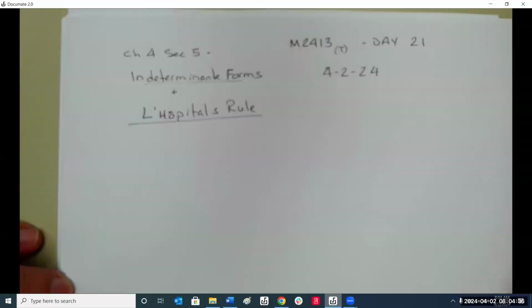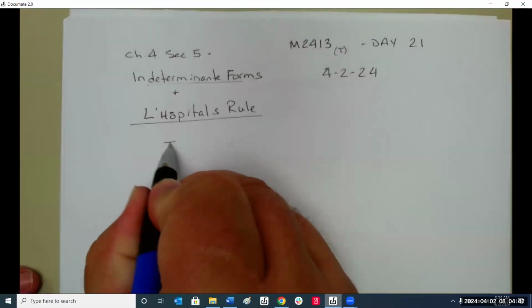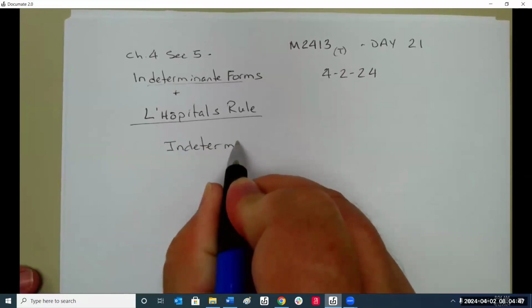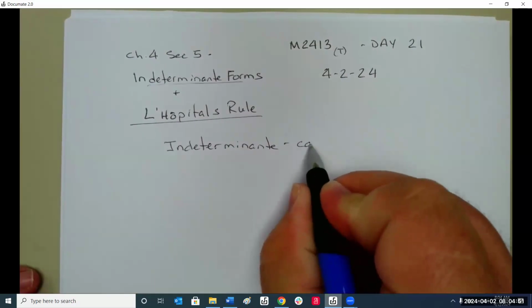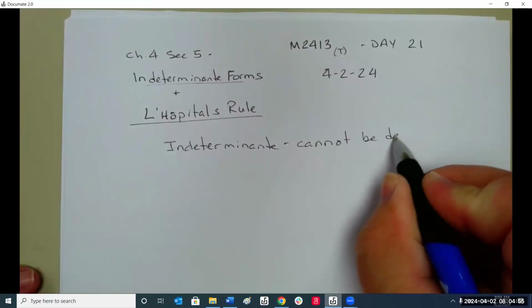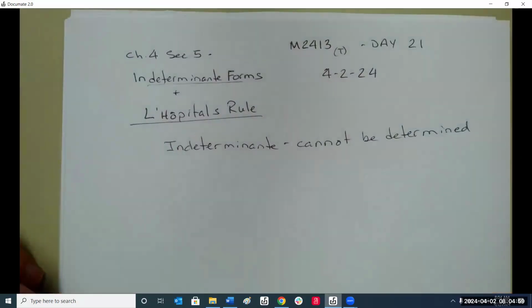Indeterminate forms. Indeterminate, what does that mean? Basically, it simply means cannot be determined.